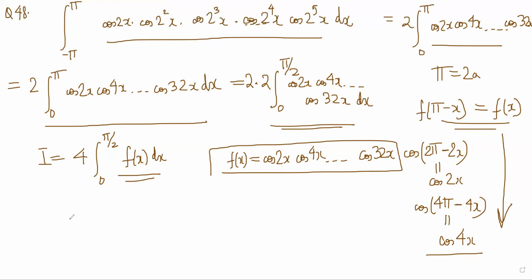And let's call this individual integral, cos 2x to cos 32x, as I1. This is I1, let's say. Now we have to find out 4I1, right? We should be able to prove that I1 should be 0.